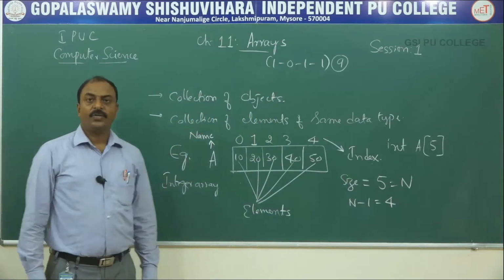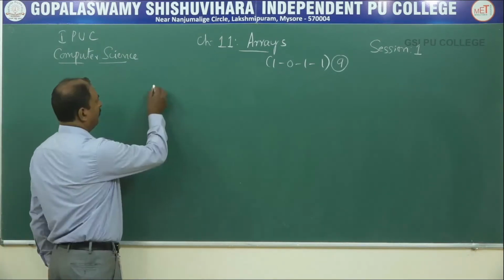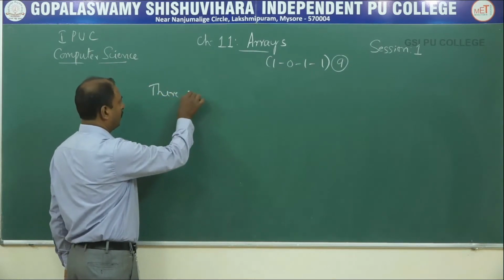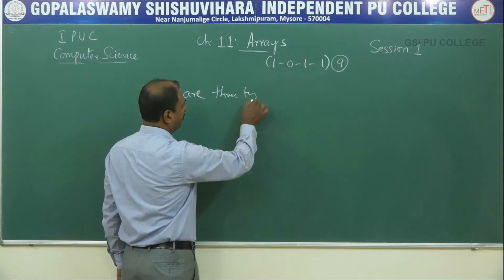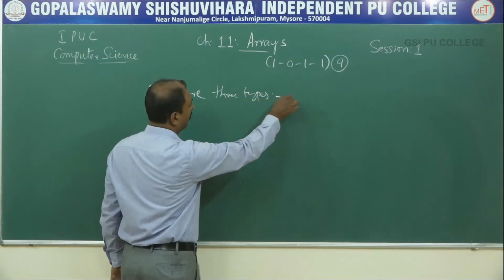Now let us see different types of arrays. There are 3 types of arrays.